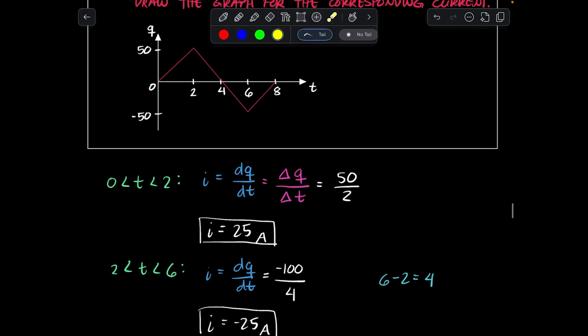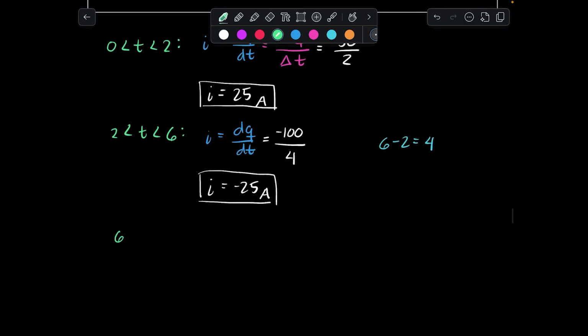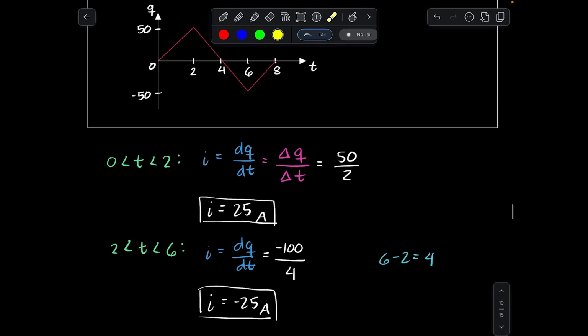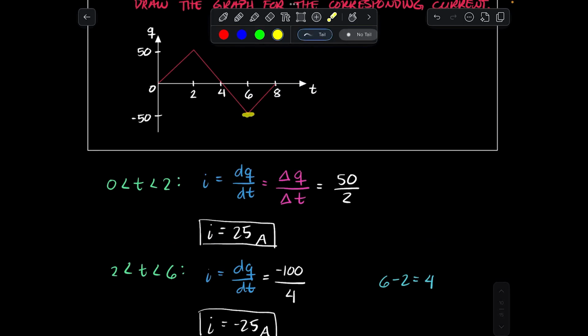Now in our last interval here, between 6 seconds and 8 seconds, again, we'll use the same formula for all of these. Our change in Q, you start at -50, end up at 0, so there's a total change of +50.